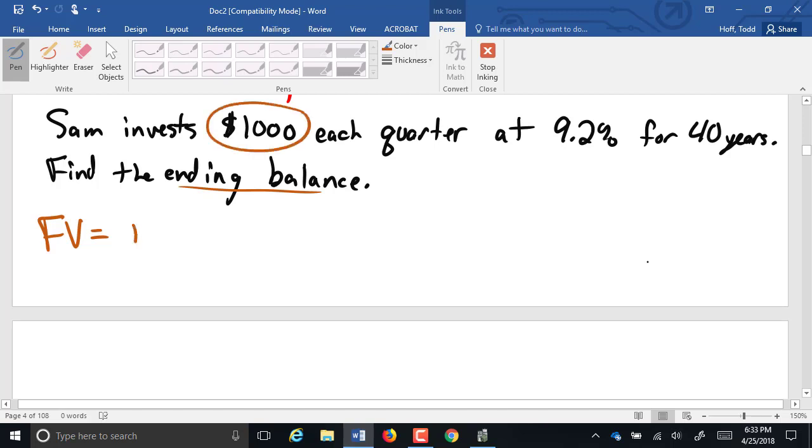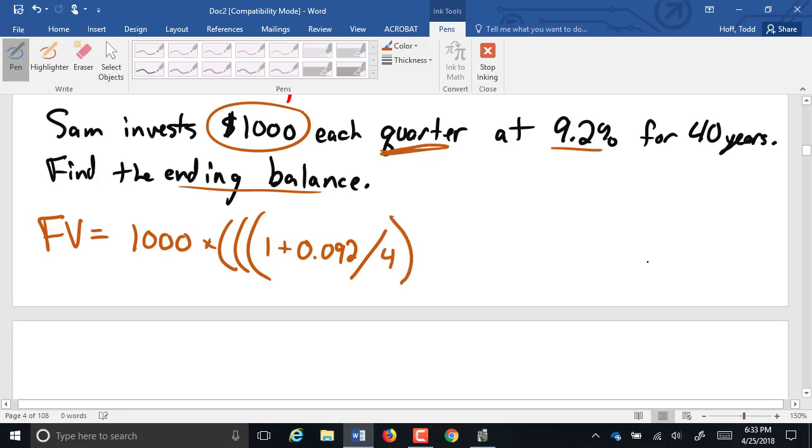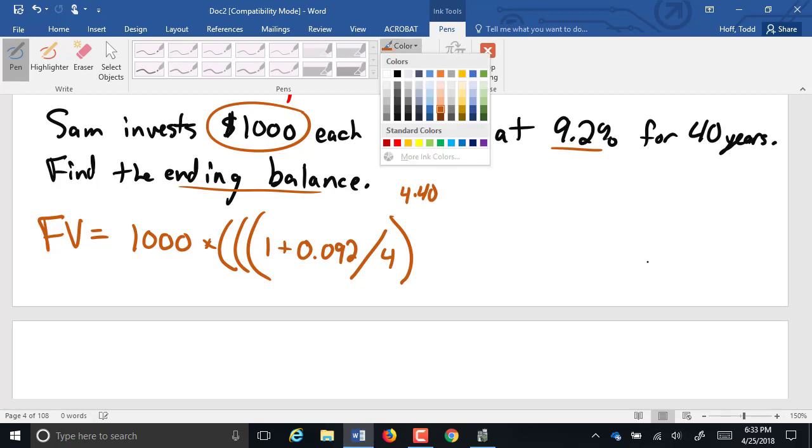$1,000 payment times 1, 2, 3, open parentheses, 1 plus 0.092 is our rate, divided by 4 because it's quarterly. Close our parentheses to the power of 4 times 40, which does give us 160.